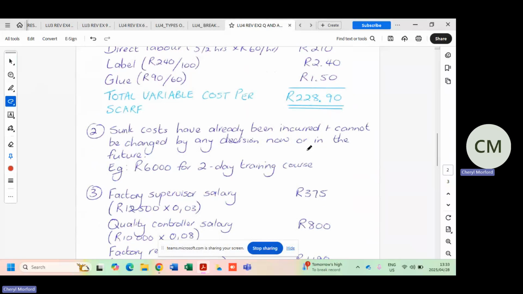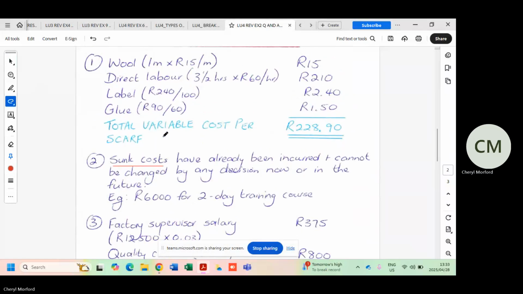So that example of the training course for the workers, that one has happened. They have been trained. It has been paid. Nothing can reverse that going forward. So we're going to say that that 6,000 Rand for the training course is an example of a sunk cost.